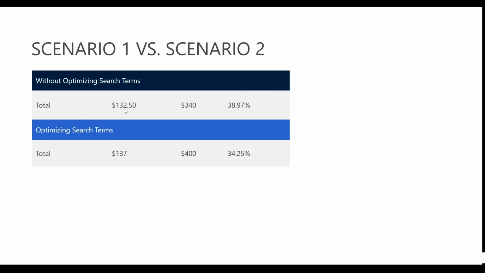Without search term optimizations, they spent $132.50. They had an ACOS of 38.97%. When optimizing search terms, they spent $137 and they had a 34.25% ACOS. And so that 4%, more or less, is a lot.